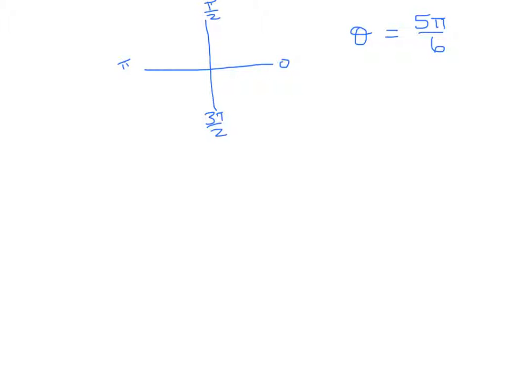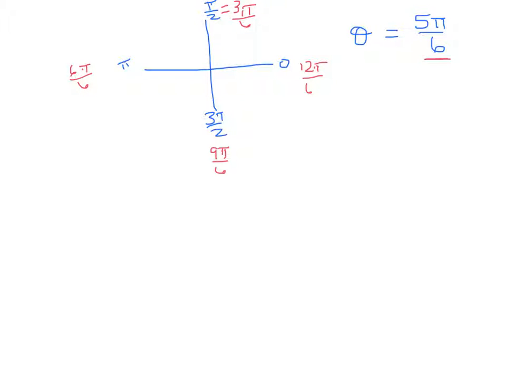And since I'm thinking in terms of something over 6, I want to think of all my angles in terms of over 6. So this one is really 3 pi over 6. This one is really 6 pi over 6. This one is really 9 pi over 6. And this one is really 12 pi over 6.